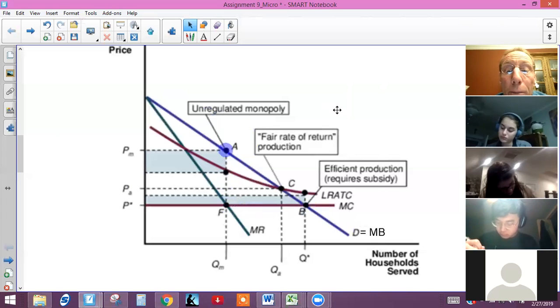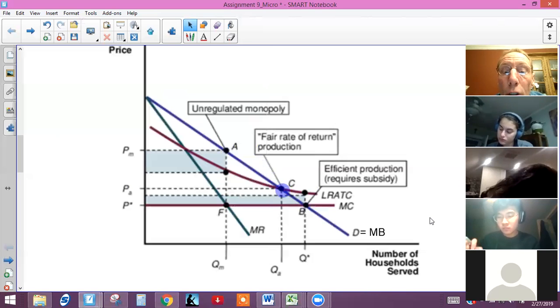Now, in order to be productively efficient, they're going to want to produce where price equals average total cost. Productively efficient is where price equals average total cost.